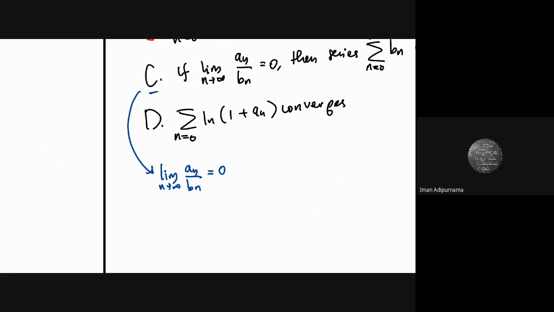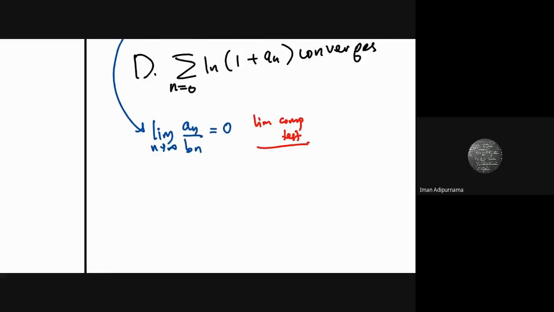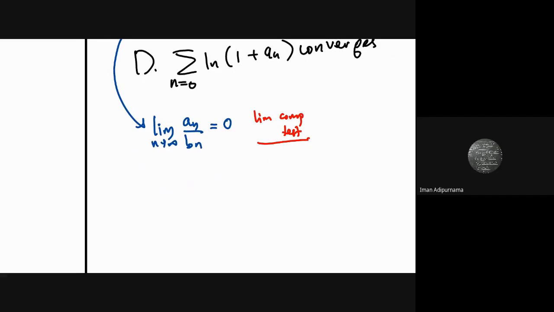Which means this is the limit comparison test. But is it true for all conditions? Now it's quite tricky. You need to find an and bn such that when you are using the limit comparison test, the limit can be 0.